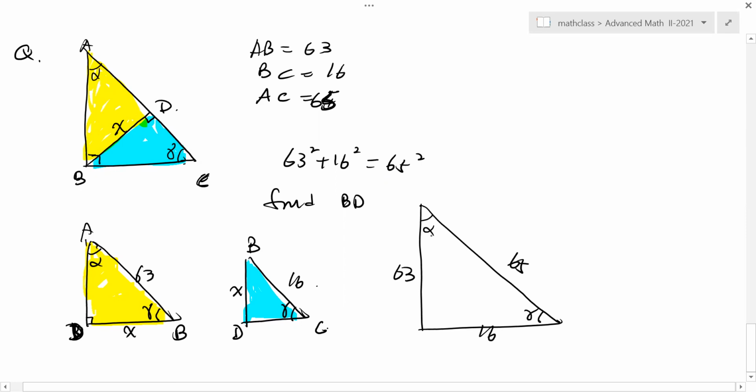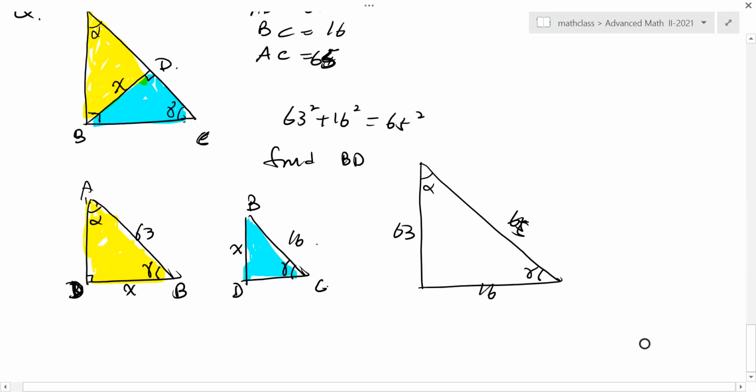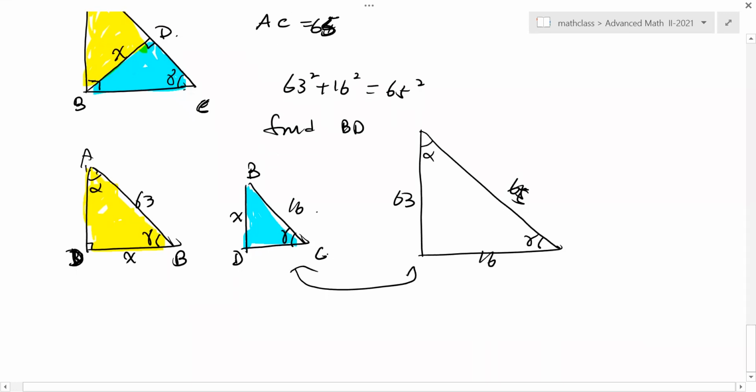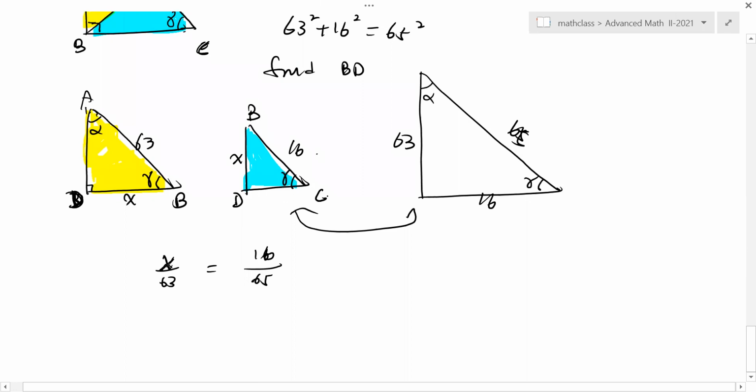So all three triangles are similar, and then you have many identities. You can use this to get X already. X over 63 is going to be 16 over 65, so X is 16 over 65 times 63.